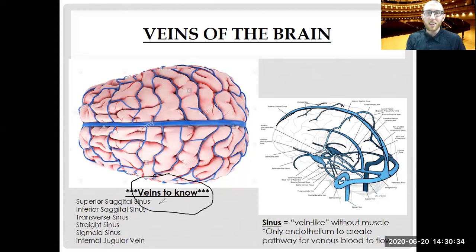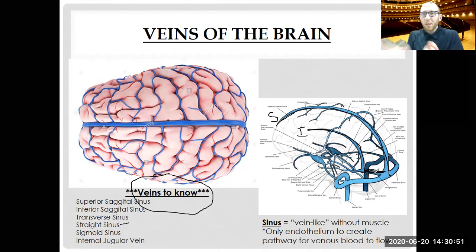So superior and inferior, there's an inferior sagittal sinus as well. I'll draw an S and an I for those, with a straight sinus connecting them. But then it hooks laterally, and we're talking about the transverse sinus.